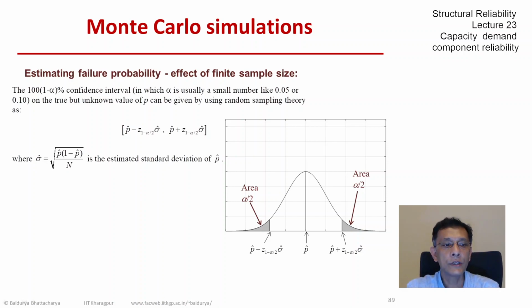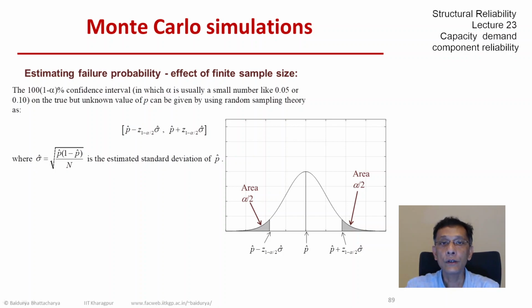What you see on the screen is such an interval, the area under the normal distribution curve, alpha over 2 on either side, those shaded regions, and if we have p hat, then plus and minus z of 1 minus alpha by 2 times the estimated sigma, which in turn is a function of n, would give us the confidence interval on the estimated failure probability.